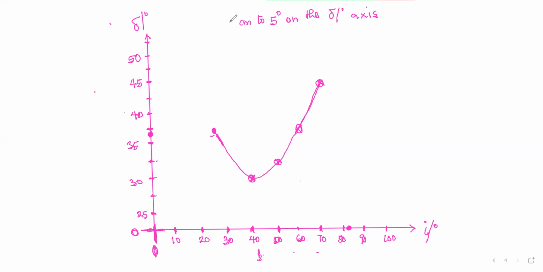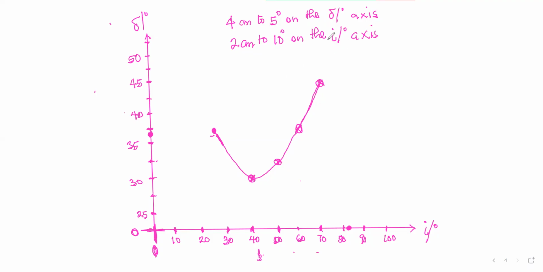So 4 centimeters to 5 degrees on the deviation axis, and here it is 2 centimeters to 10 degrees on the angle of incidence axis.